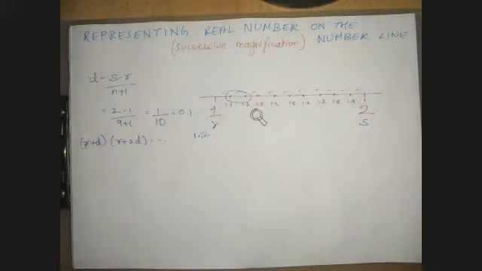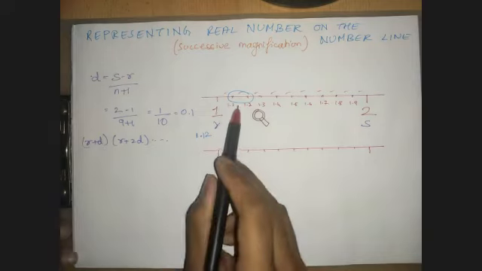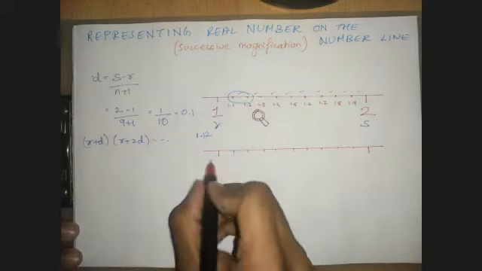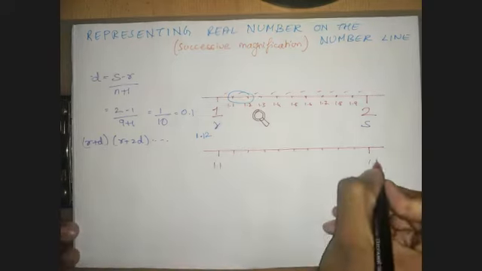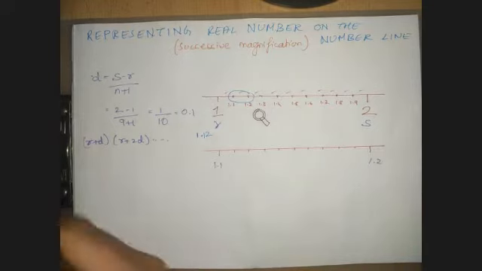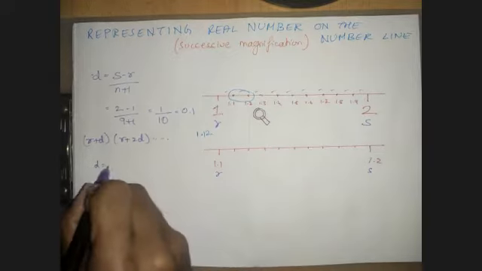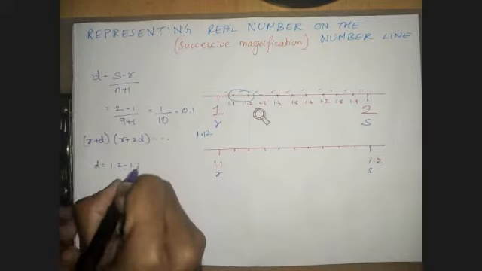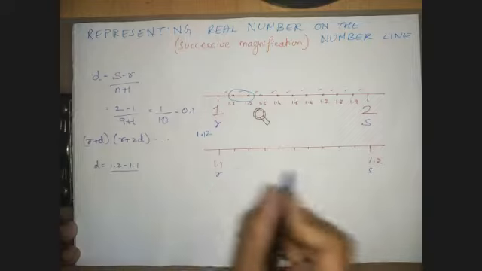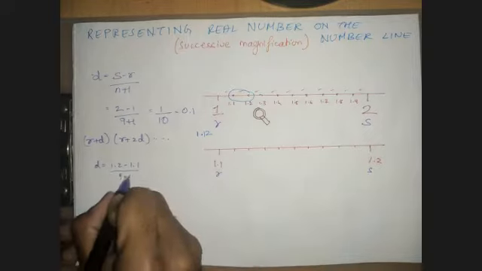Now it is again adding 9 numbers in between 1.1 and 1.2. So how do we add it? This is R and this is S. So D here in this case is (1.2 minus 1.1) by, since I need to add 9 numbers, 9 plus 1, which is 10.